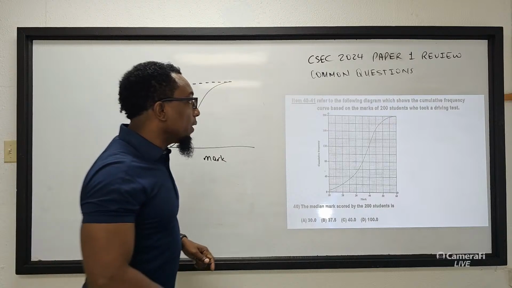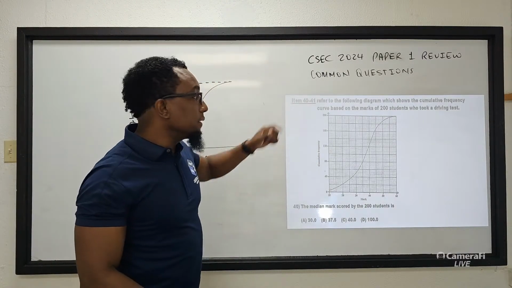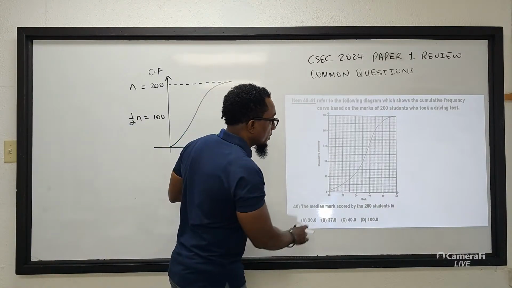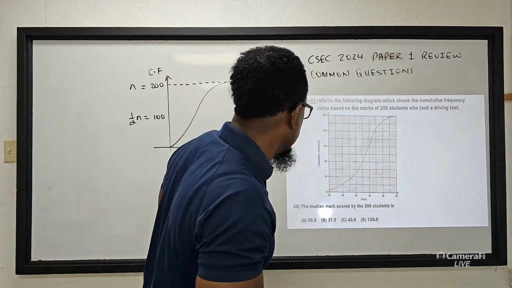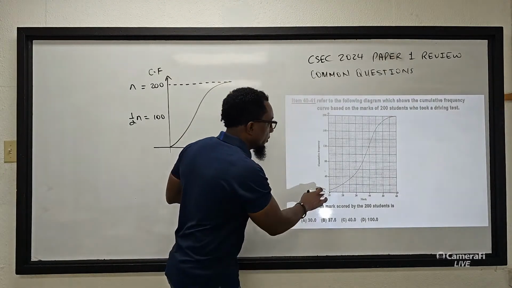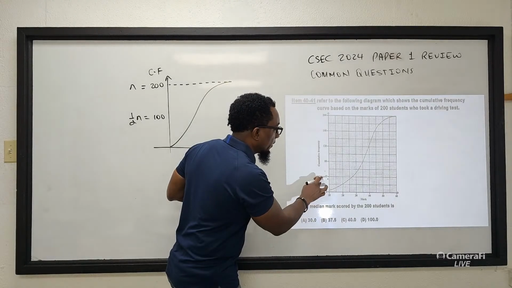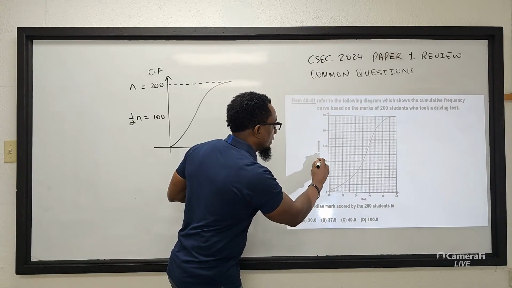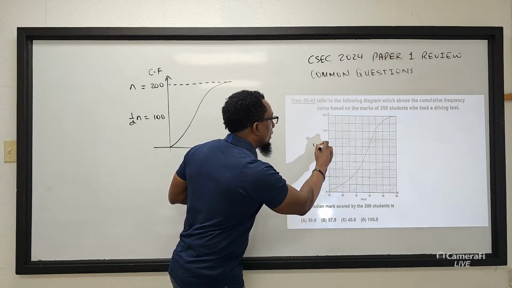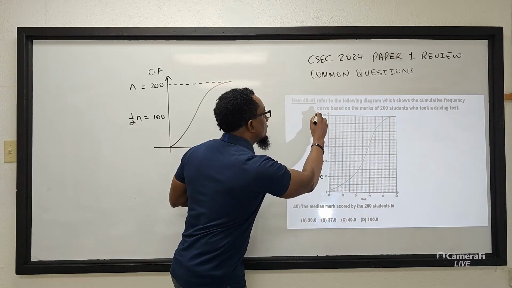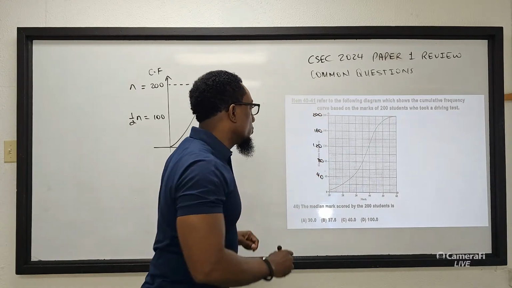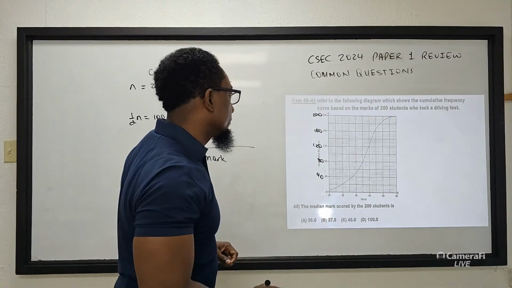So I locate 100 on my cumulative frequency axis, which is, now this is 0, this is 40 here, this is 80, this is 120, 160, 200, yeah?